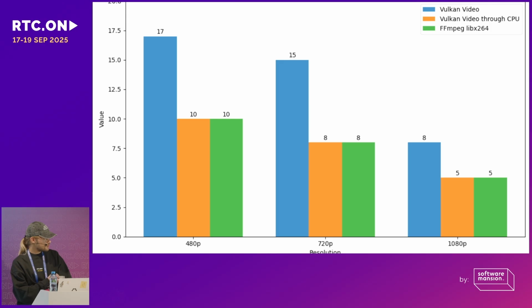On the x-axis, you can see the resolutions of the input videos, and on the y-axis is how many simultaneous live compositions I can run on my desktop computer with a beefy GPU. And the green bar is FFmpeg with just full software decoding and encoding. The orange bar is using Vulkan Video, but doing the 4 times copy through the CPU. And the blue one is having the optimized pipeline. So you can see there is about a 1.5 to 2x improvement in throughput, which is quite nice.